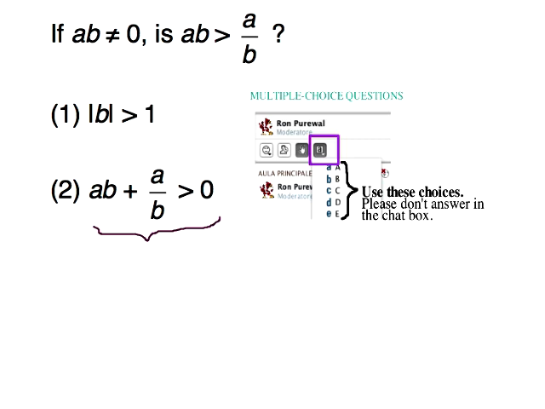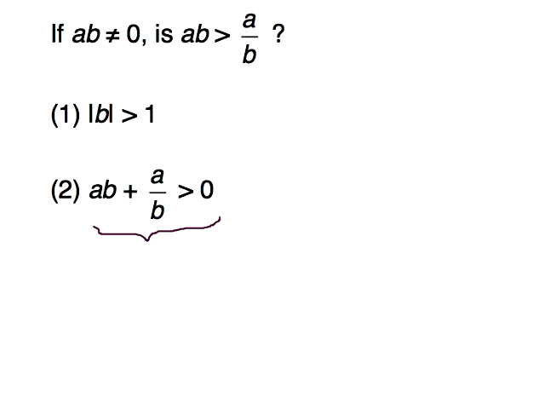Okay. So when you look at statement 2, you should think two things. The first thing is, I bet this is not sufficient because it looks too eerily similar to the question, like it's too good to be true.